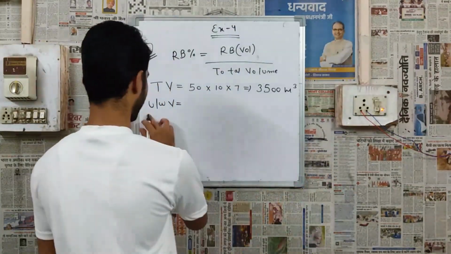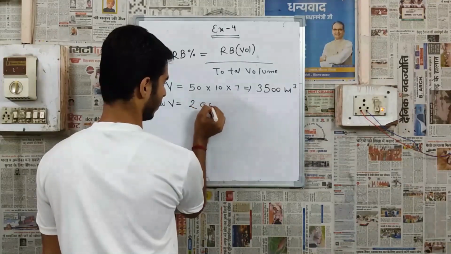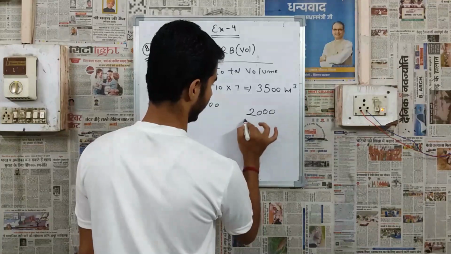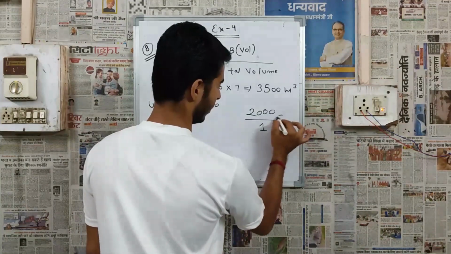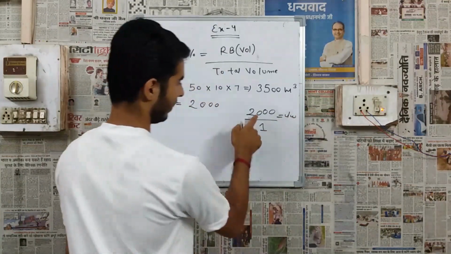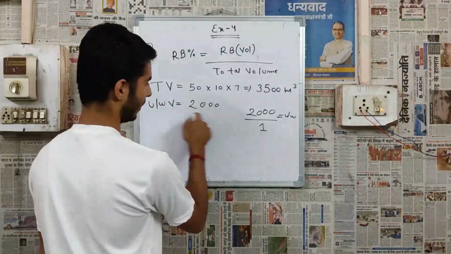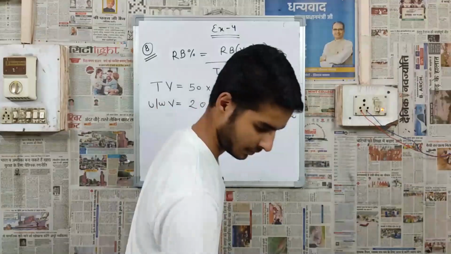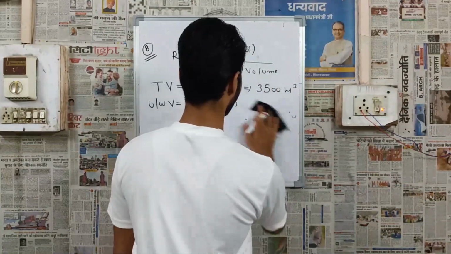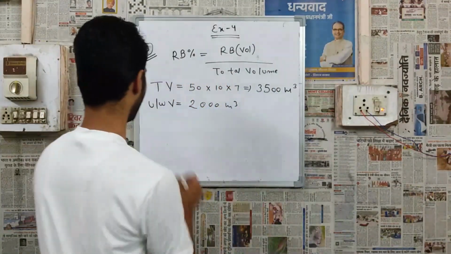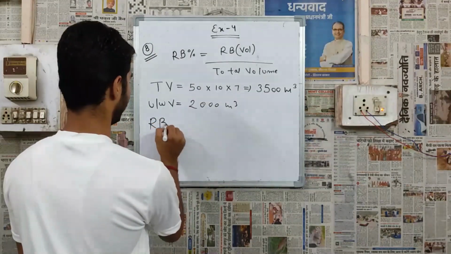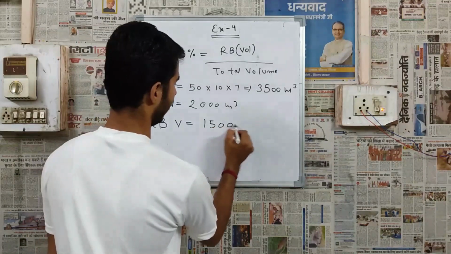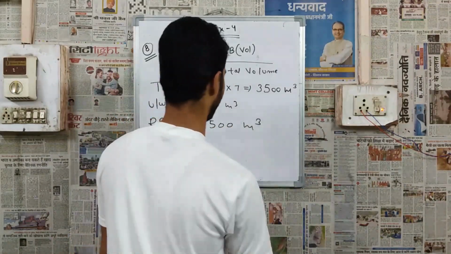So our underwater volume is 2000 meter cube itself, because when you divide the displacement with the freshwater density, the underwater volume comes out the same number. Now we have total volume, underwater volume. We need reserve buoyancy volume, that is around 1500 meter cube.